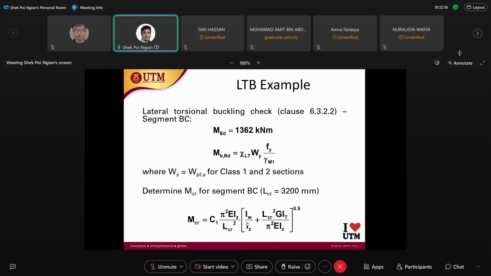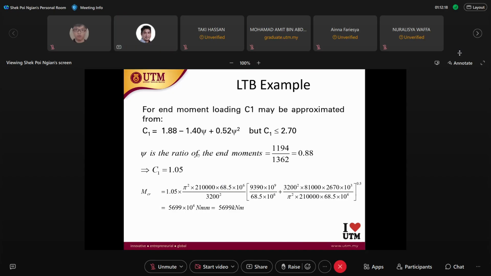Then we calculate M_cr. For M_cr, we have to get the C1 factor, given by this equation. We have to calculate psi, the ratio of end moments. 1194 is from one end and 1362 from the other end, so we have 0.88. Inserting 0.88 into this equation, we get our C1 factor of 1.05.